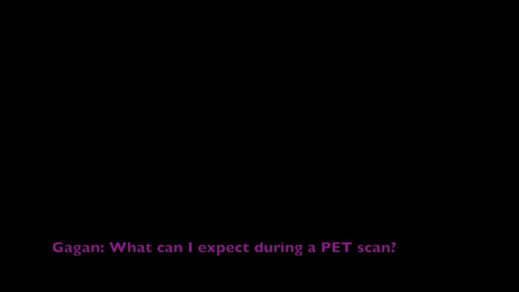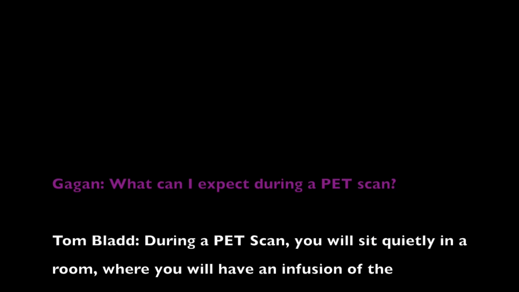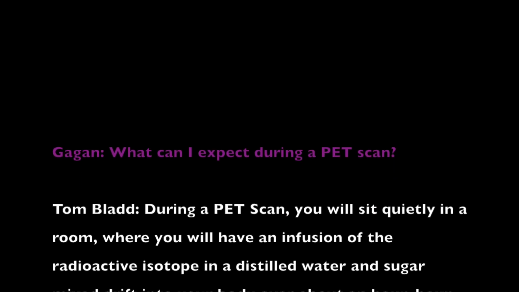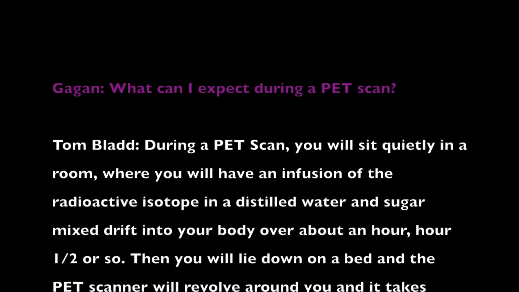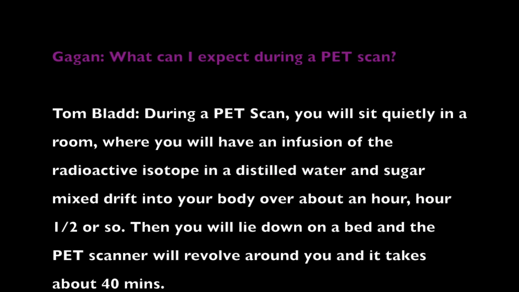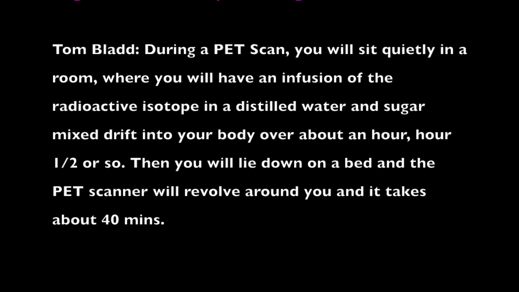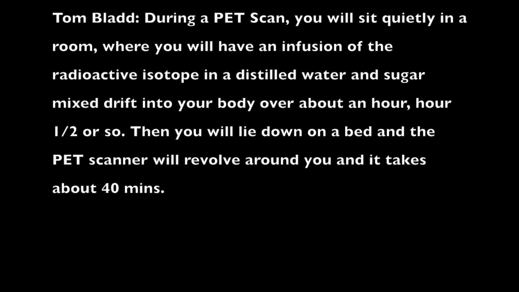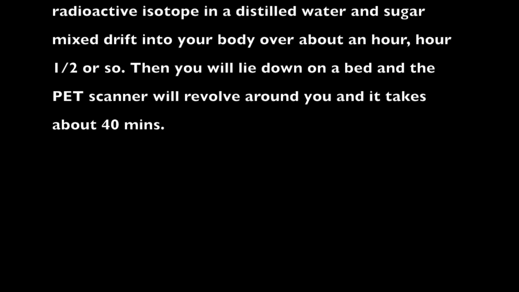During a PET scan, you will sit quietly in a room where you'll have an infusion of the radioactive isotope in a distilled water and sugar mix. It is dripped into your body over about an hour, and then you'll lie down on a bed.